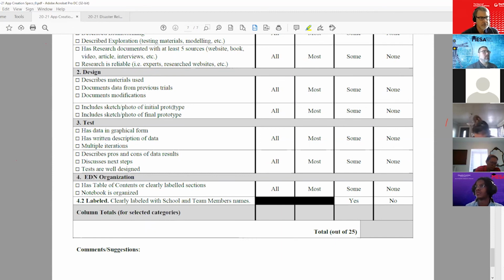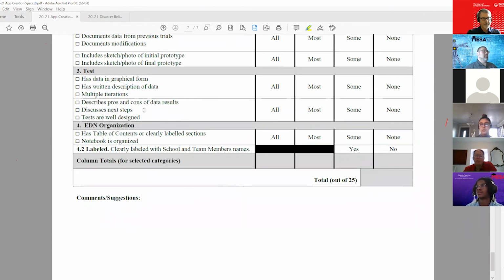And you can say sketch 1, photo 1, prototype 1, first ideas, or this was one team member's idea, second team member's idea, third team member's idea, and then off of those 3 ideas, we came up with this initial prototype, right? So using labels. Again, the person who's reading this is clueless about your project. So you want to be able to lead them through your process in your notebook.